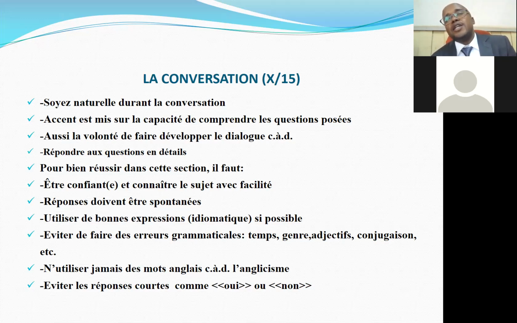Mon père est intelligent. Mon père est petit. Ma mère est petite. So it's important you remember that. Then conjugation of verbs, let it be okay. You cannot say, nous est malade. You say, nous sommes malades.